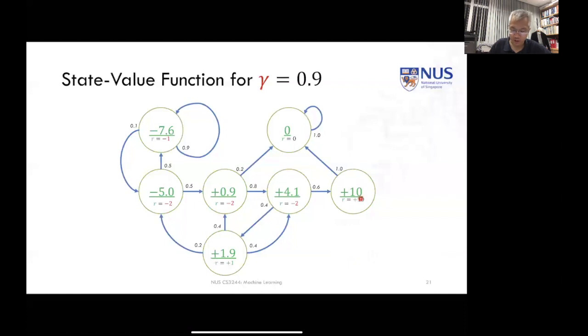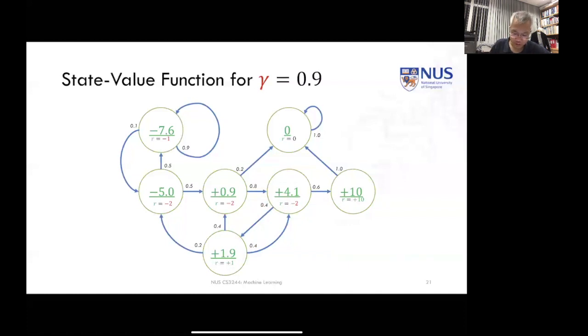This plus 10 here is starting to offset rewards going backwards. So you can see a positive value for all of these states here, mostly due to this plus 10, a little bit due to this plus 1 over here. But this cascading coming back is going through here, right? So you can get the idea of what's going on here.